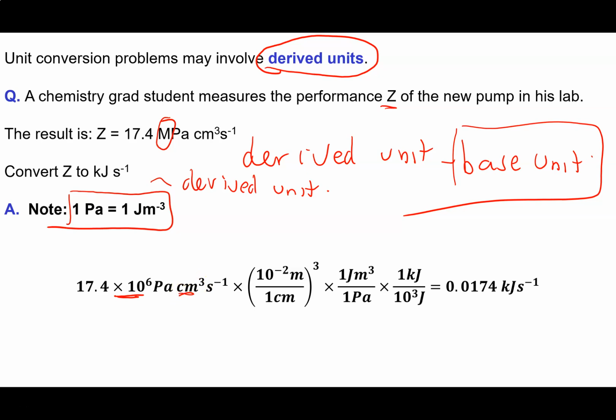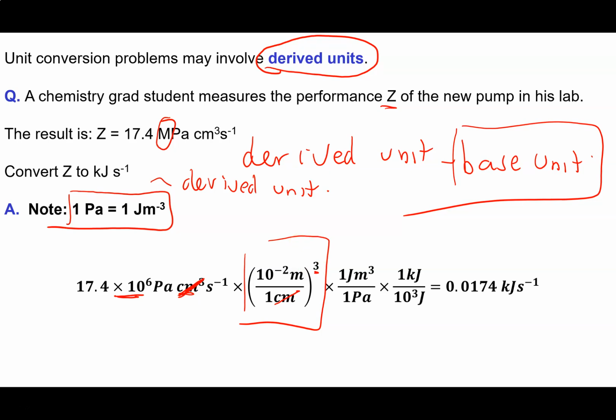So I want to turn my centimeters cubed into meters cubed. So I multiplied by this conversion factor here. And of course, I remembered to cube my conversion factor. I know that there are 10 to the minus 2 meters in 1 centimeter. And that's going to get rid of my centimeters cubed and leave me with meters cubed.